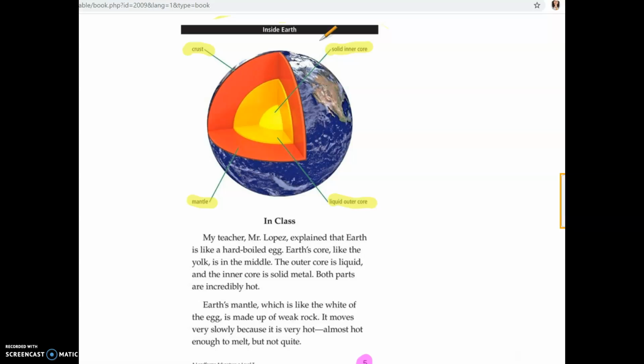It's labeling what is inside our earth. So again, it's very important for us to be paying attention to our pictures and what they are labeling, as well as our titles for our book. The title for our chapter. It's very important to look at our title of our chapter.